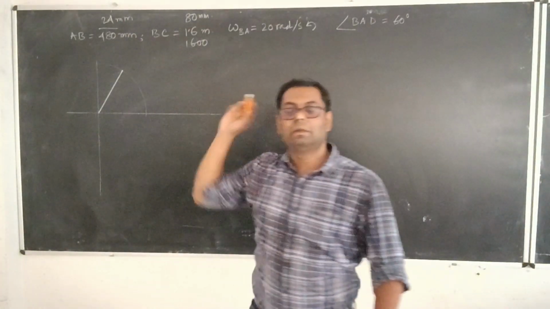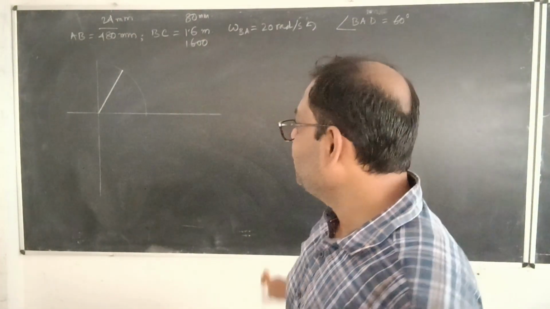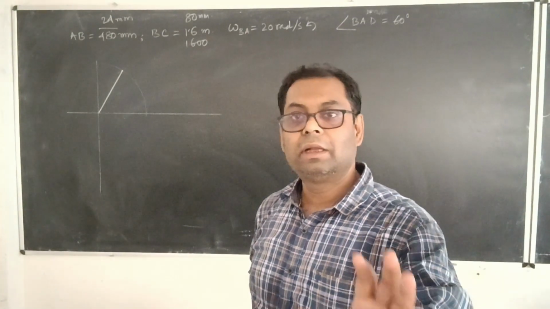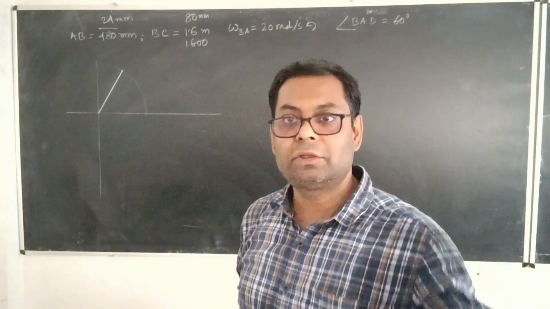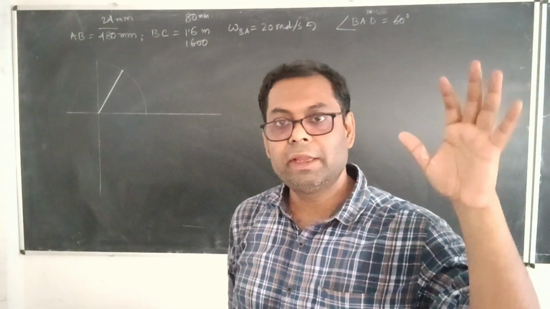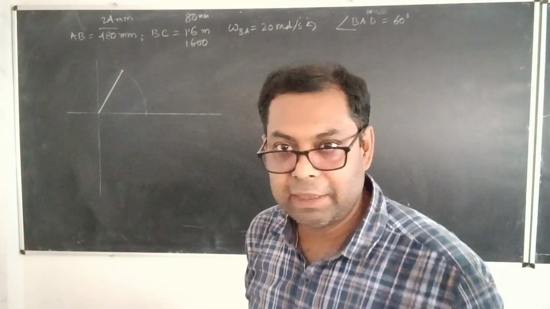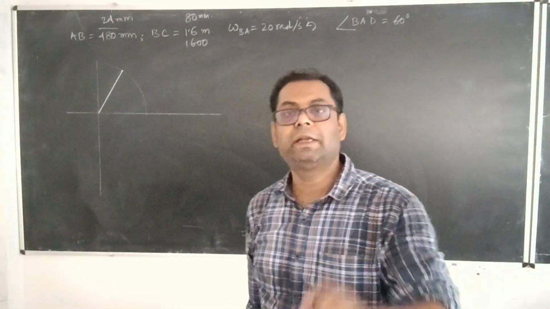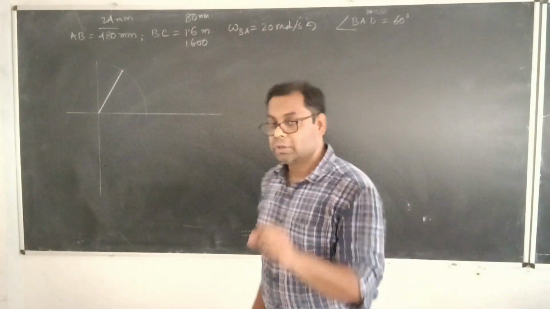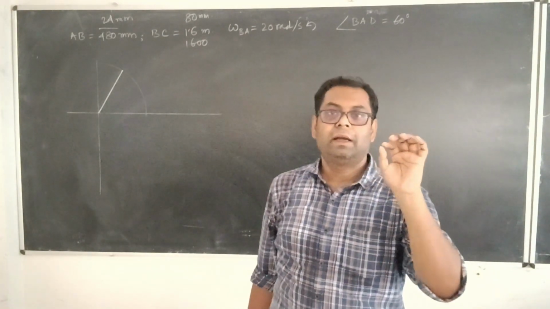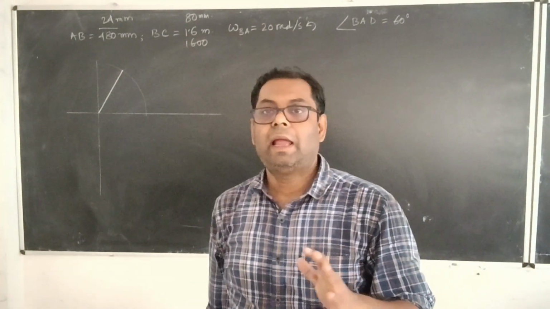So 24 millimeter will be your actual length in the drawing when you are drawing on your copy. So like that, you can draw that particular thing very easily. So scaling factor is a very important thing.